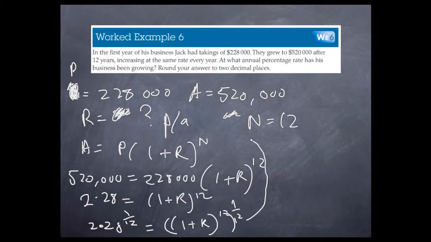So what you will get is 2.28 to the power of 1 over 12 equals 1 plus r. This is one of the exponential laws. And now to get the rate, rate plus 1 is equal to this, so rate is equal to 2.28 to the power of 1 over 12, minus 1.